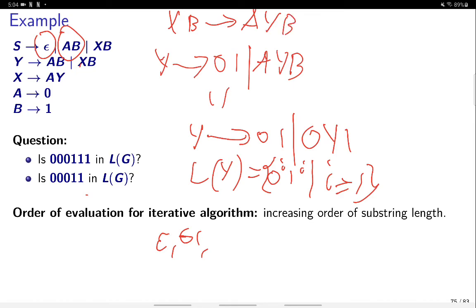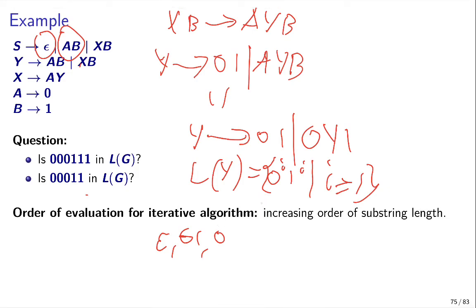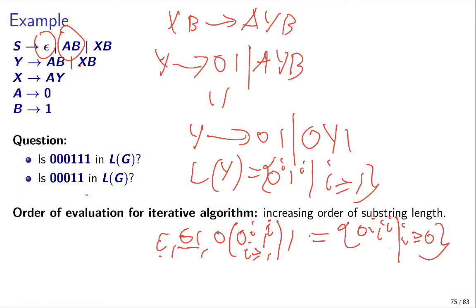So as such, this is just 0 to the i, 1 to the i, i larger or equal to 1, very important. So we have epsilon, 0, 1, and this language, which is of course just our old nemesis, 0 to the i, 1 to the i, for i larger or equal to 0. So this is what this grammar is.